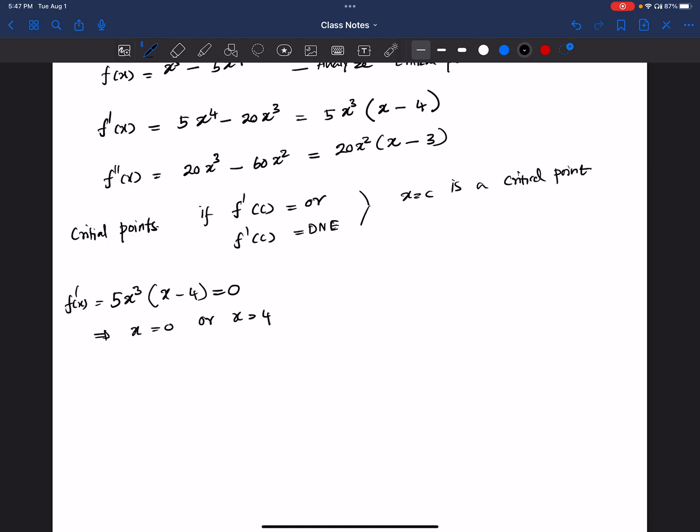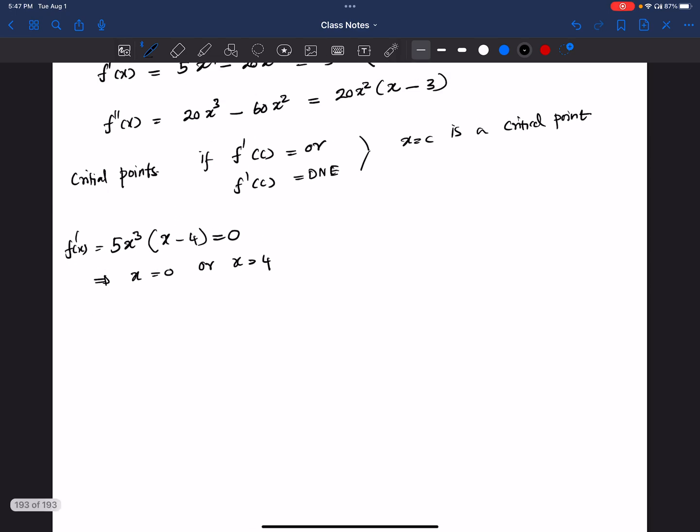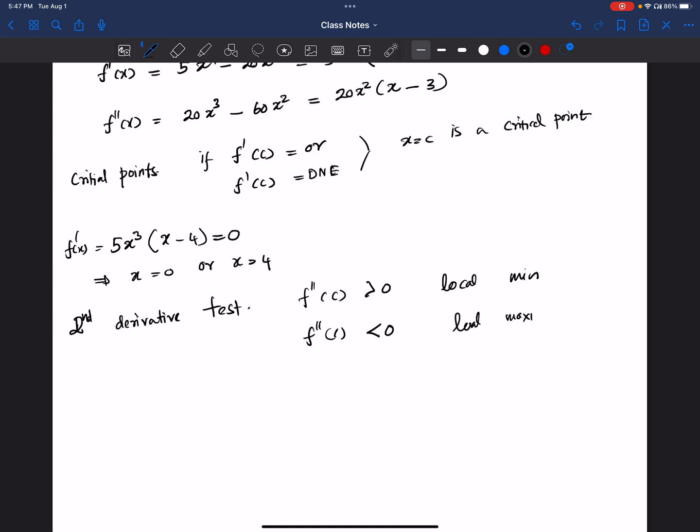And we can use the second derivative test. If f double prime of c is greater than 0, local minimum. If f double prime of c is less than 0, local maximum.